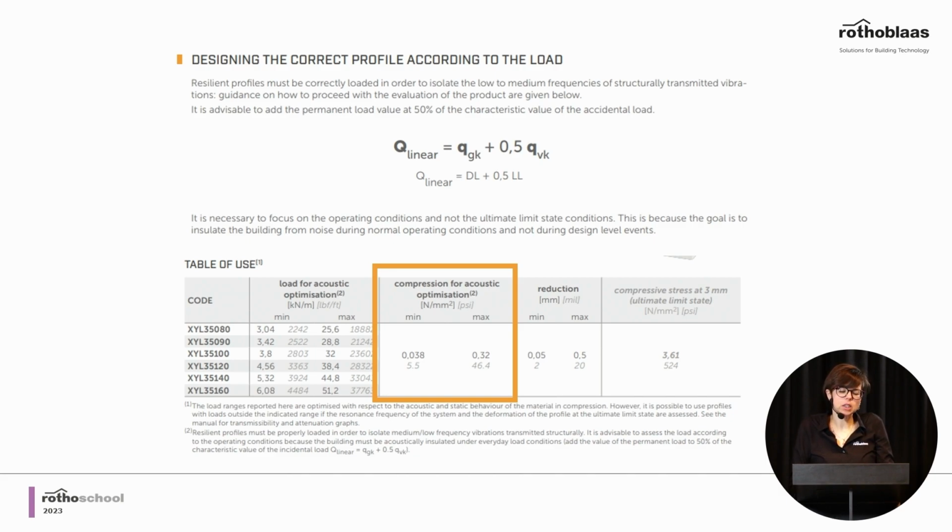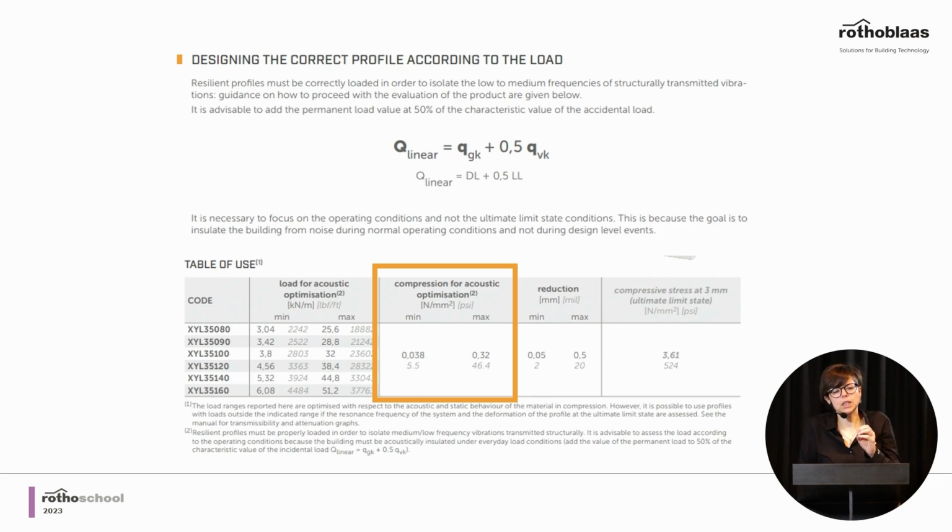Resilient interlayers depend on the loads, and this is due to the fact that they work like a spring. And if we think how a spring works, we can understand that depending on the load that we are applying on a spring, it can be more compressed or less compressed.